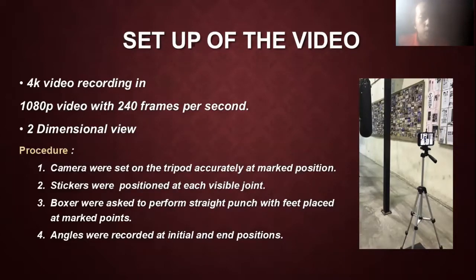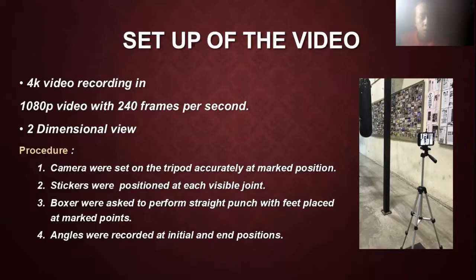The next one is the two-dimensional view. For the two-dimensional view, the boxer is placed with markers at their joints. At the athlete's joints, we place markers to make it easy to calculate the kinematics.